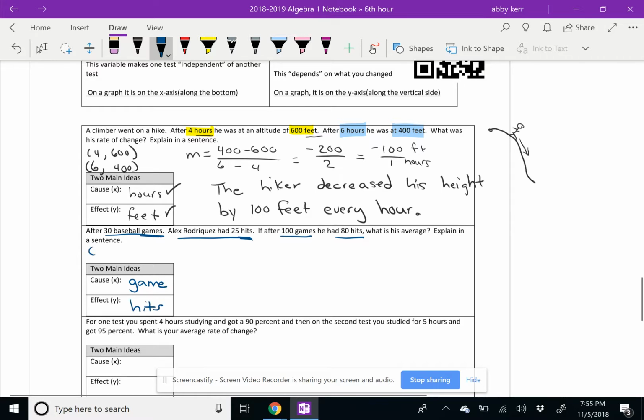So then it's going to be 30 games for 25 hits, and then 100 games for 80 hits. Now remember, it's delta y over delta x. So you have to do 80 minus 25, and then 100 minus 30.